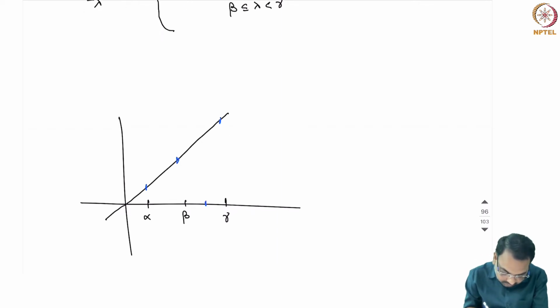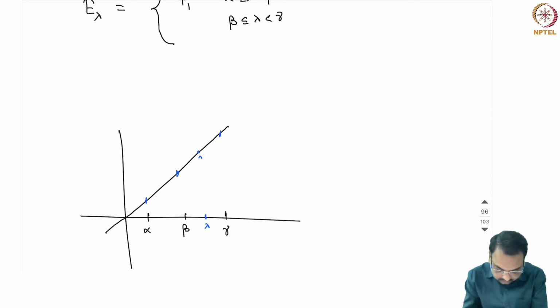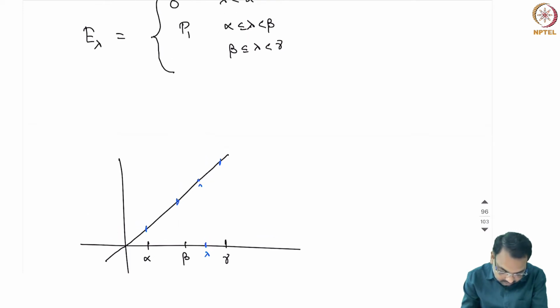When lambda is somewhere here, now E lambda will be containing eigenspaces corresponding to alpha and beta, in projections onto the corresponding eigenspaces. So that is nothing but P1 plus P2, and when lambda is bigger than gamma, you will get identity.